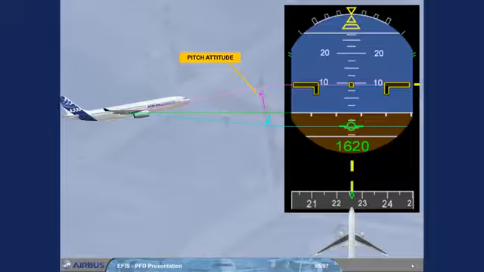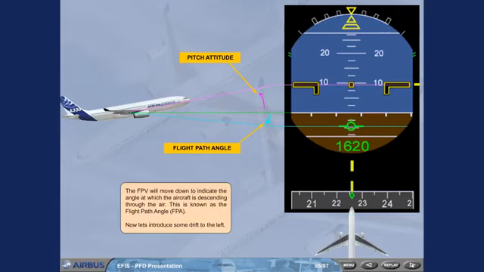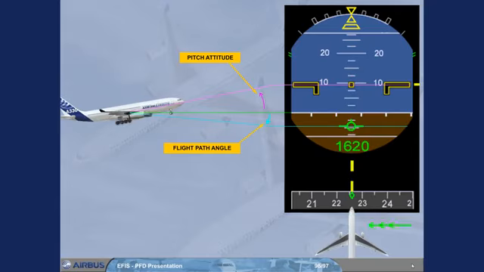Now let's introduce some drift to the left. As a result of wind from the right, the aircraft is drifting to the left. Let's now look at a typical example of how the flight path vector indication would look for an aircraft established on an approach.